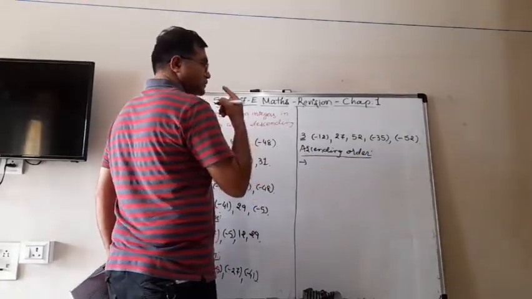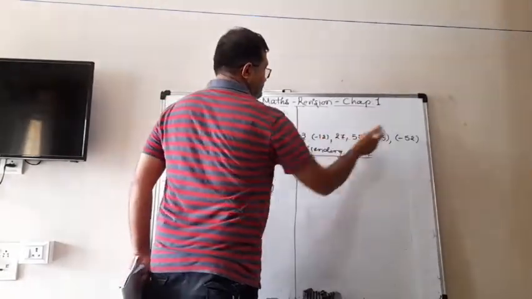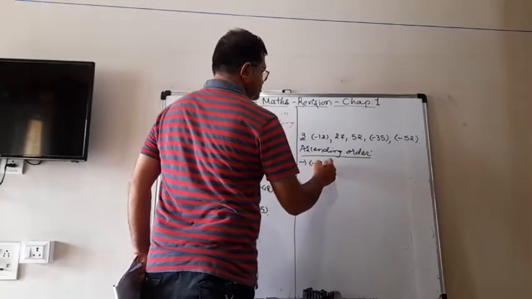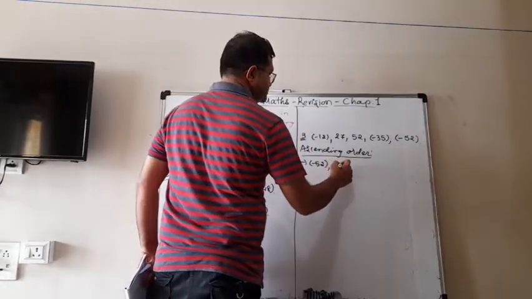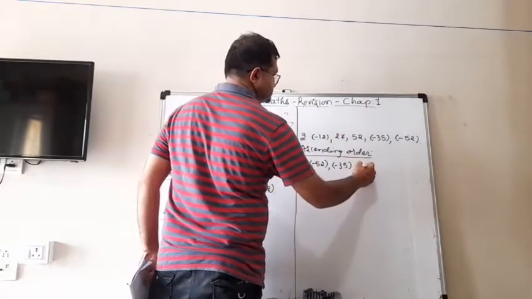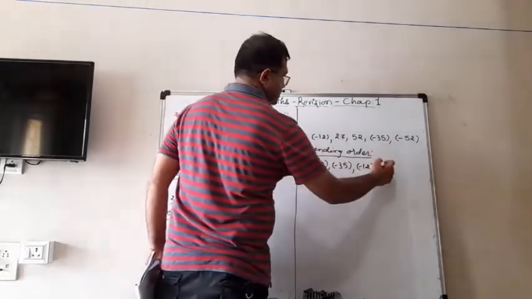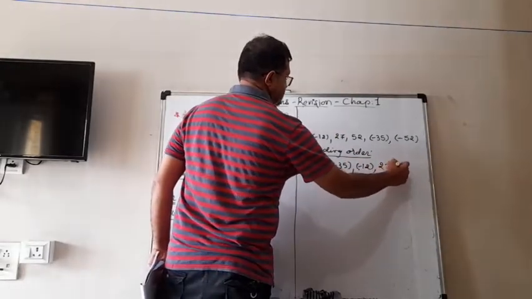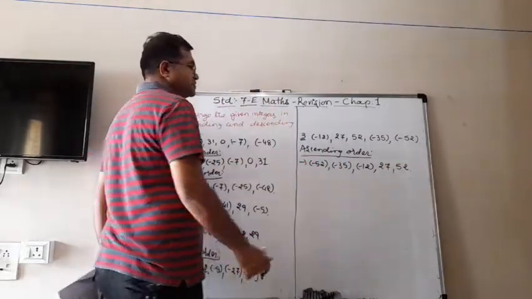Now I don't think I have to repeat the same story. So minus 52 is the smallest, then the bigger one is minus 35, then bigger than that is minus 12, then 27, and then 52 is the biggest number.